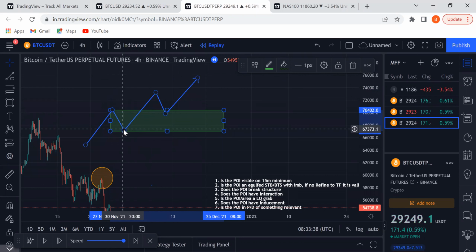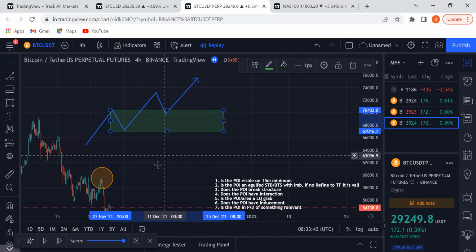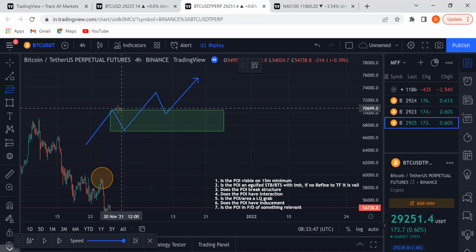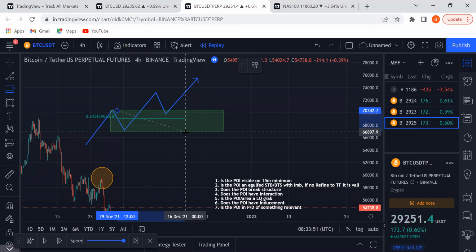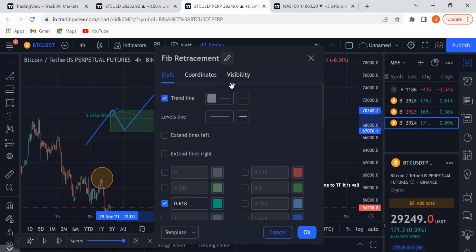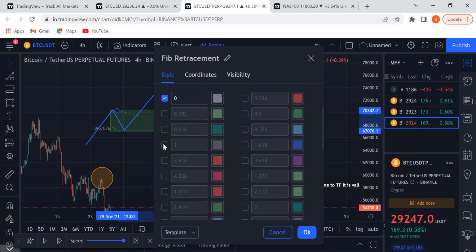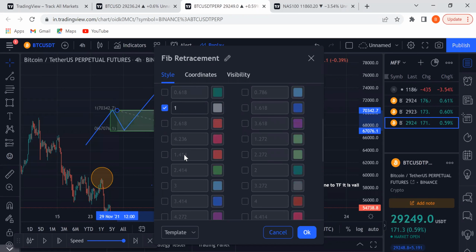You understand? Now, if you are to get the premium and discount of this, you are going to use your Fibonacci tool. You just draw it from the beginning of that to the end of it. Then you go to settings and turn off everything except the 0 level, 1 level, and 0.5.